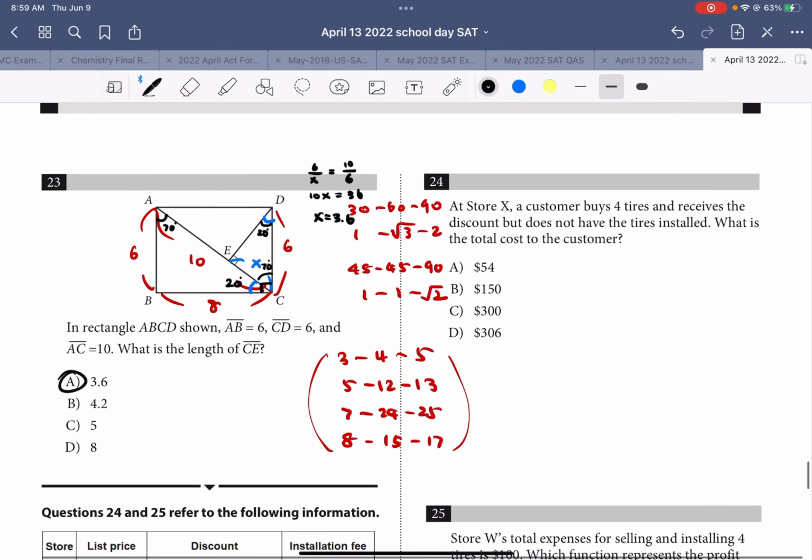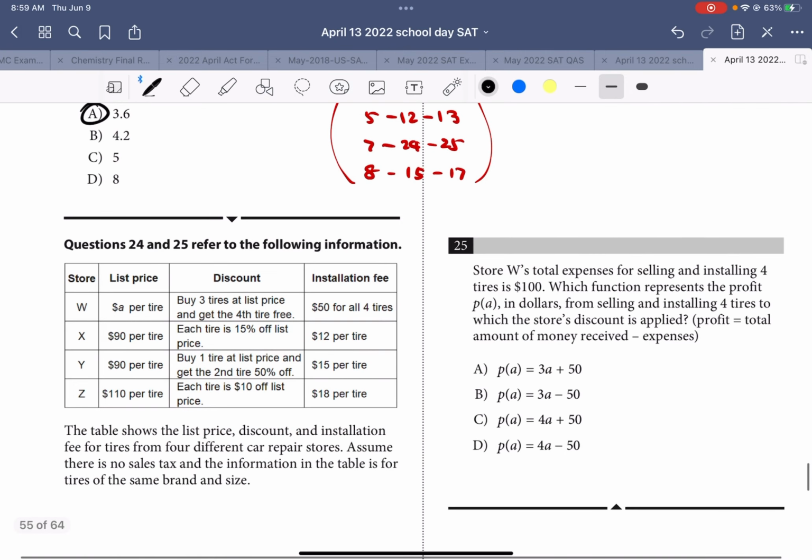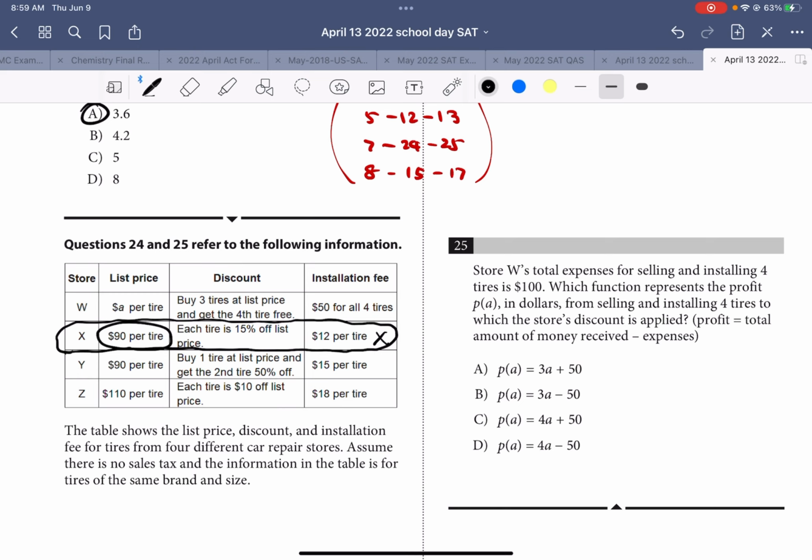Number 24, store X. The customer buys 4 tires and receives a discount, does not have the tires installed. What is the total cost for the customer? So store X, I'm going to look at only here. That purchase has no installation fee, so you're not going to pay this one. But 4 tires, it's $90 per tire.